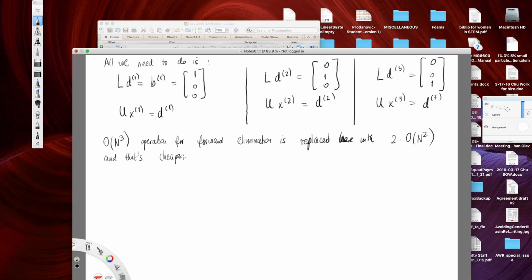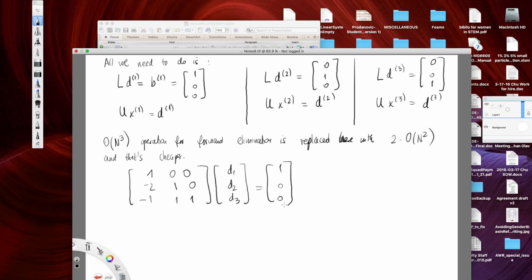Let's do at least this first system and find the first column. So where did I stop? I'm solving this L. What was my L? It was 1, 0, 0, minus 2, 1, 0, and minus 1, 1, 1, times D, which I'm going to call D1, D2, D3, equal to 1, 0, 0. So my D1 is easy. It's just 1.